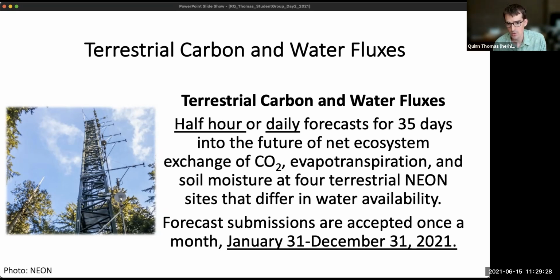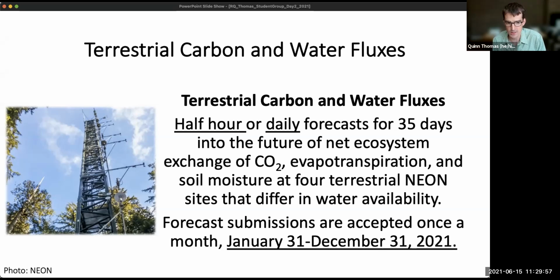And so those are for 35 days in the future of net ecosystem exchange of CO2 from an eddy covariance tower, evapotranspiration, the movement of water between the ecosystem and the atmosphere, and soil moisture. Soil moisture, the data from NEON, we're still working through that, and there hasn't been quite the engagement in soil moisture, primarily due to issues on the data side.